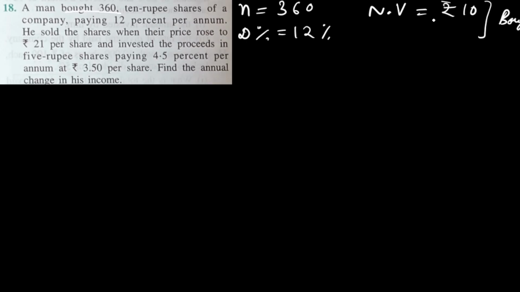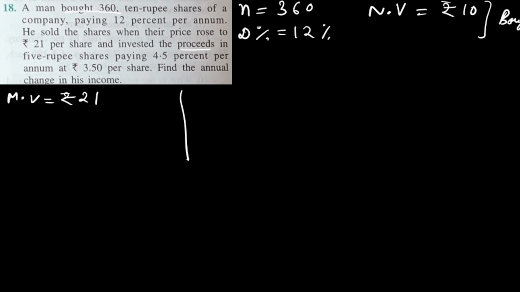Earlier what was the nominal value? Rupees 10. But when did he sell? He sold when the price rose to 21, so this 21 is the market value, because at this price he sold and invested the proceeds in a 5 rupee share.